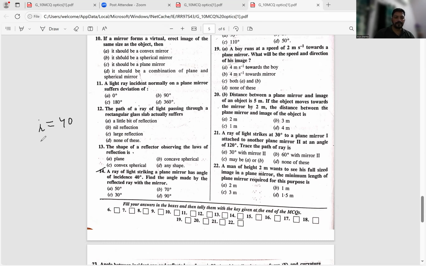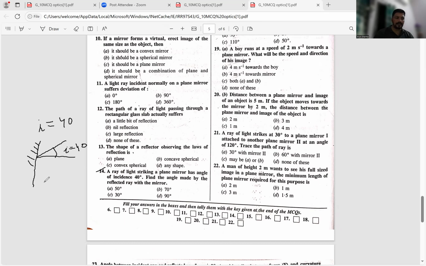Suppose this is a plane mirror, and the light strikes the mirror at 40 degrees, like this. And this is your normal, 90 degrees. And it reflects at some angle. So this angle i is equal to 40 degrees.